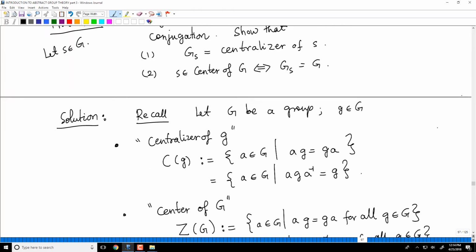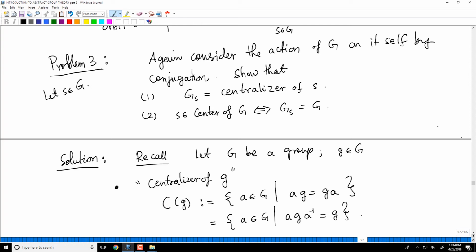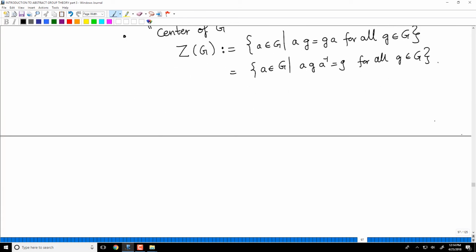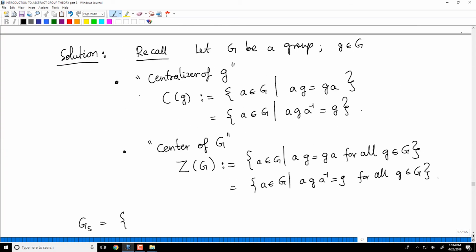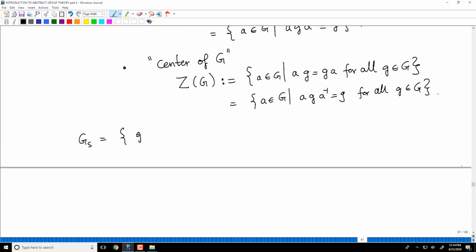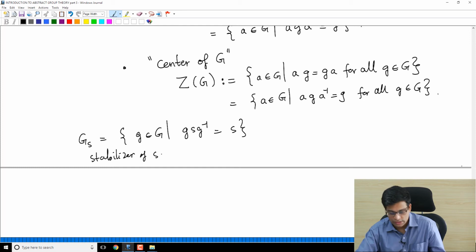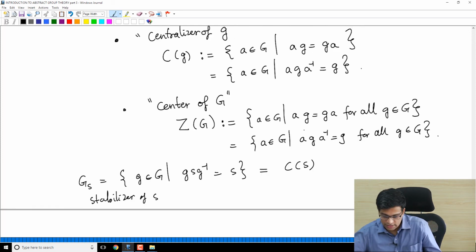So this is the centralizer and center that we have defined earlier. Now for the action of conjugation, the action of G on itself by conjugation, show that the stabilizer is the centralizer. Now what is a stabilizer? This is almost clear from the definition now, right? Because the stabilizer of s is by definition g in G such that g s g inverse is s, right? The stabilizer of s is by definition this, but this is of course the centralizer as I have written here.